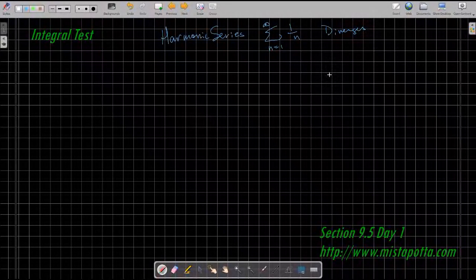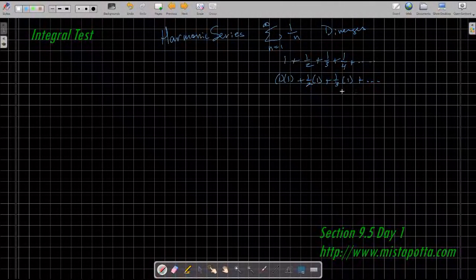When I look at this series, which is really 1 plus 1 half plus 1 third plus 1 fourth, and out towards infinity, I could think about this as 1 times 1 plus 1 half times 1 plus 1 third times 1, and so forth.